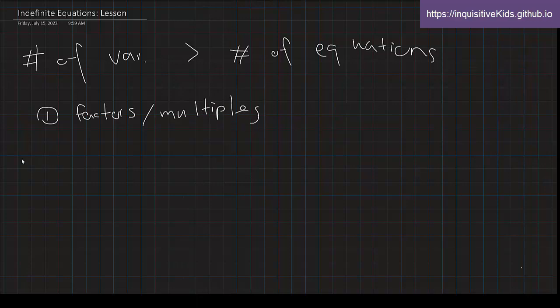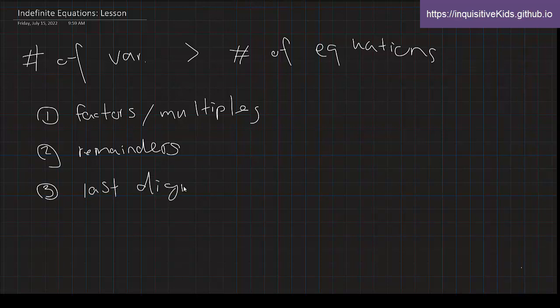We can also see their remainders. For example, we can divide the coefficient by the same number and see their remainders and do it that way. And we can also look at their last digit, and I'll talk about what that means when we get to the next problem. So for now, all you have to know is that there are 3 main ways to solve indefinite equations.